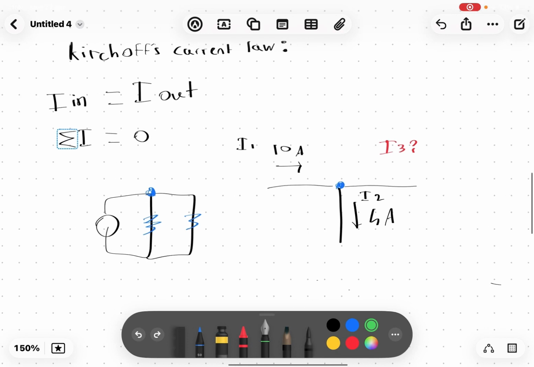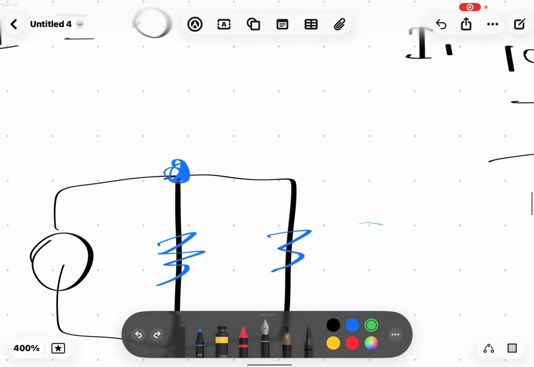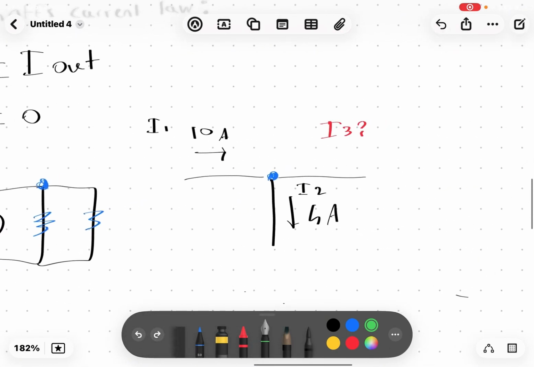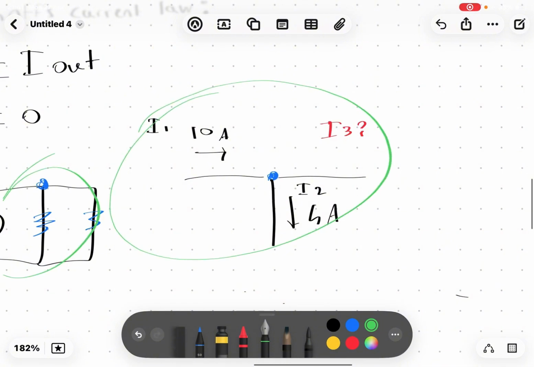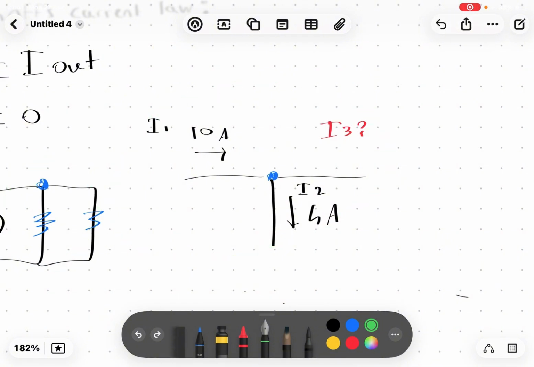Let's say we zoomed in. This is going on right here. So current flows, and 4 amps leave, because it goes towards the junction, it's a positive. If it goes the opposite way, it's a negative.